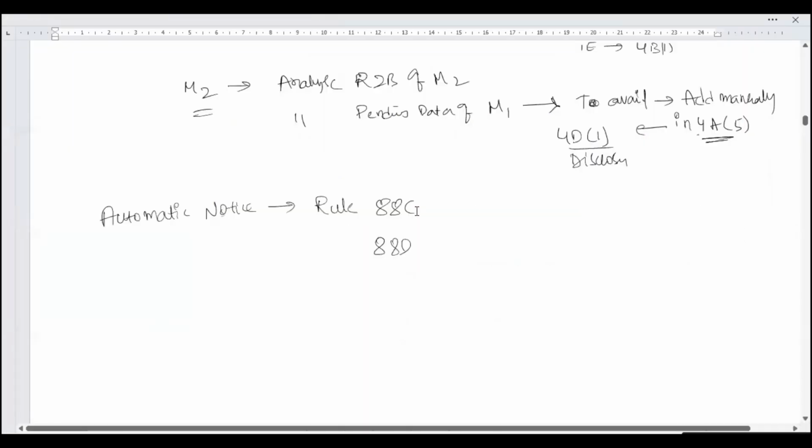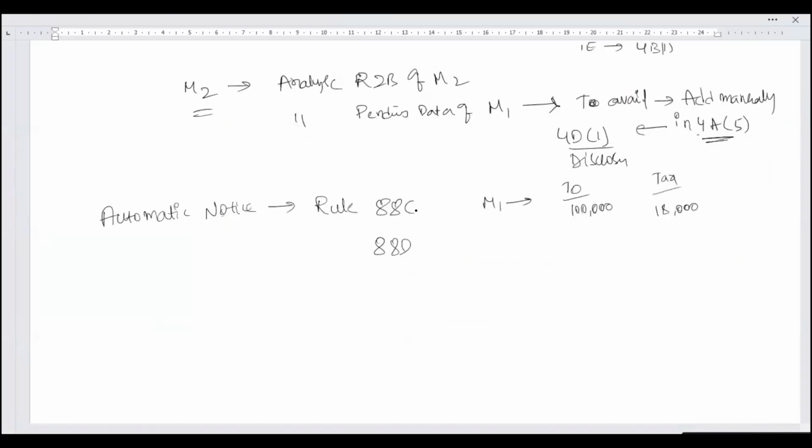There was one instance where an accountant in month 1 filed the turnover as 1 lakh, just a hypothetical example, tax as 18,000. In month 1, 3B, they altered 1 lakh as 10,000, and 18,000 as 1,800.